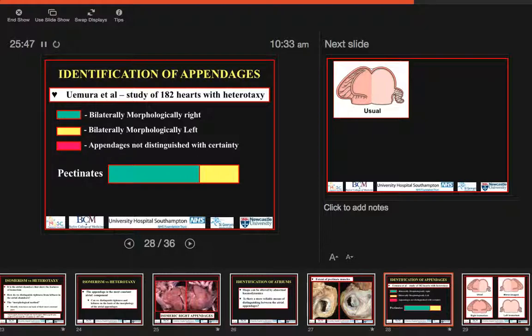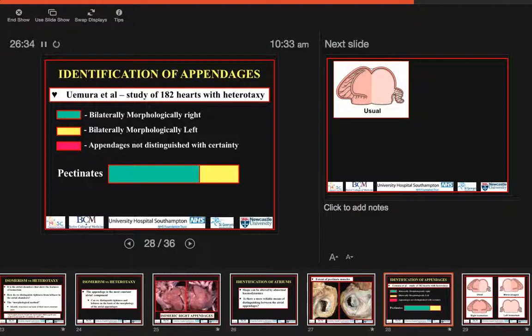And as you see, when taking the extent of the pectinate muscles, Dr. Uemura was able, in each of those 182 hearts, to distinguish right versus left isomerism. We've now done a further study where we've analyzed another 240 hearts from patients from archives in the United States of America, and again, in all cases, we are able to distinguish according to the pectinate muscles. So Dr. Snehal says, can I help you in your initial analysis of these patients? And the answer now is yes, I can for sure.